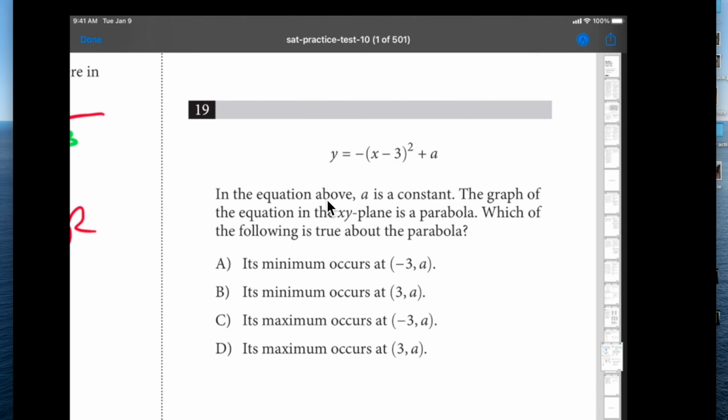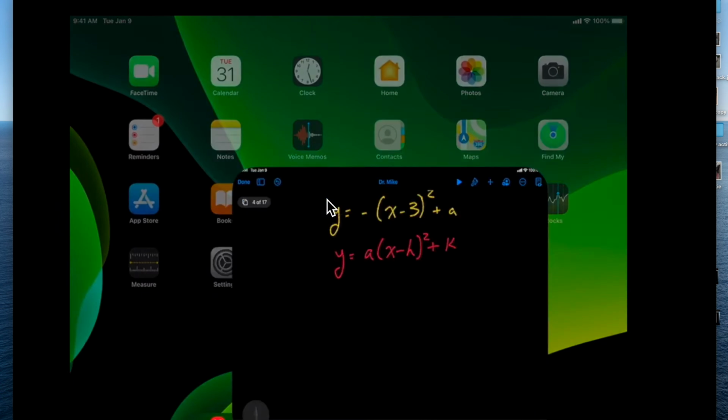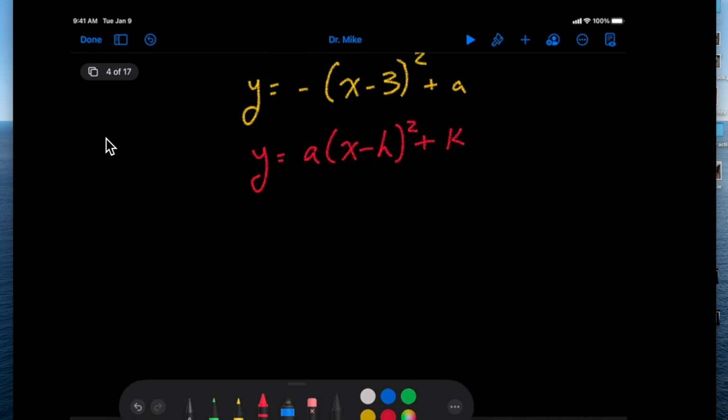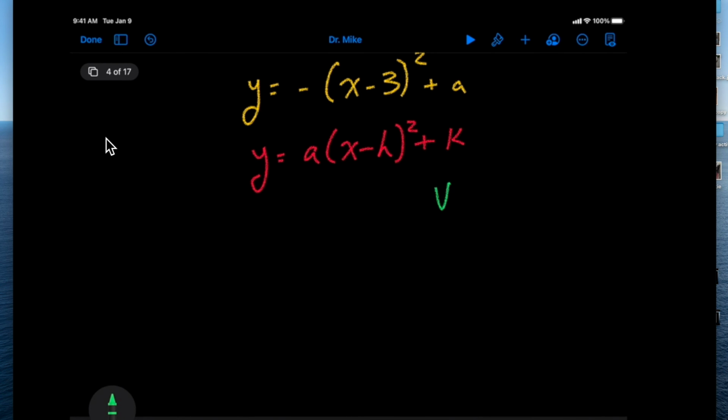All right, let's talk about parabolas a little bit. It's so important for the SAT. Here's the formula they want us to analyze, and they want us to find the vertex from that. Folks, this yellow equation that they gave us is already in vertex form. Let me write that down: vertex form.